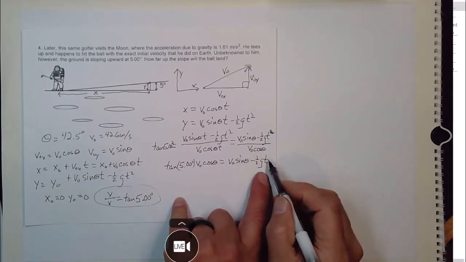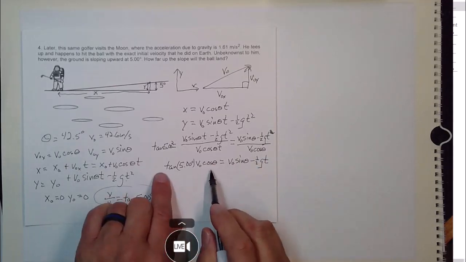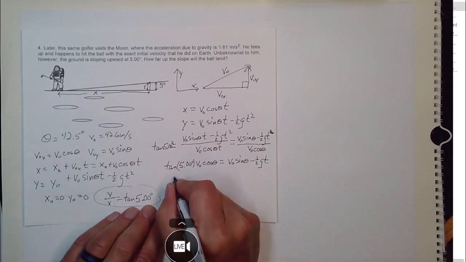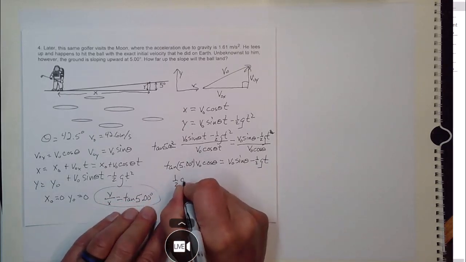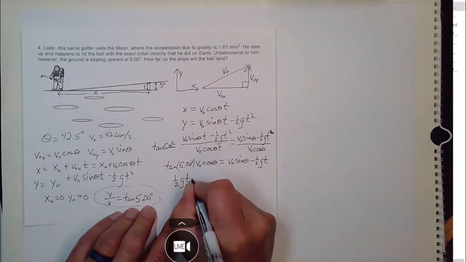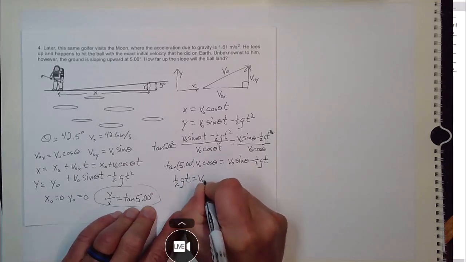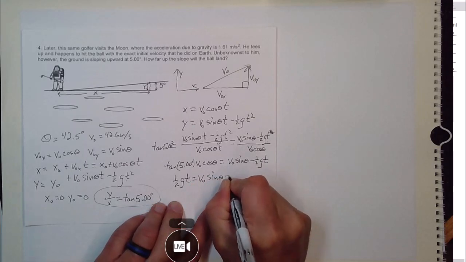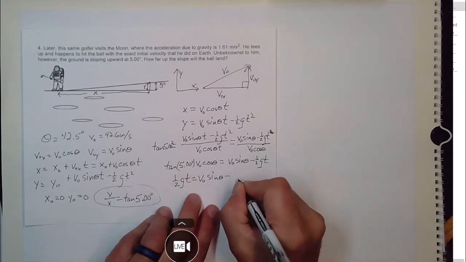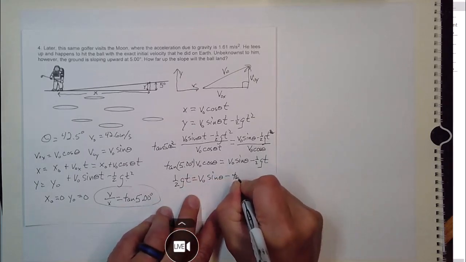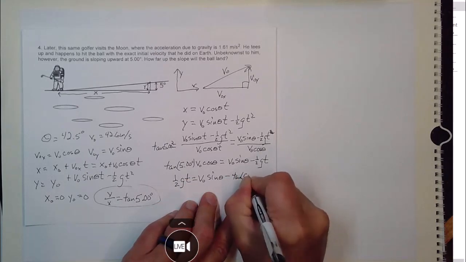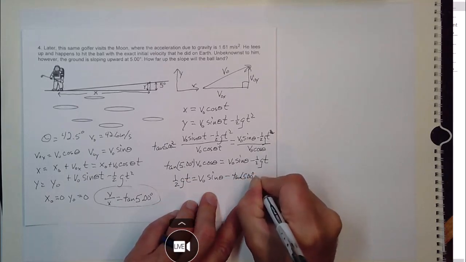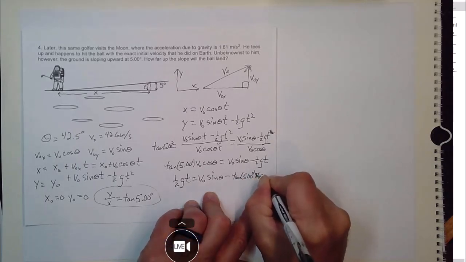I'm going to move this over here and move this over here, and I'll get 1/2 g t equals v naught sine theta minus tangent of 5.00 degrees times v naught cos theta.